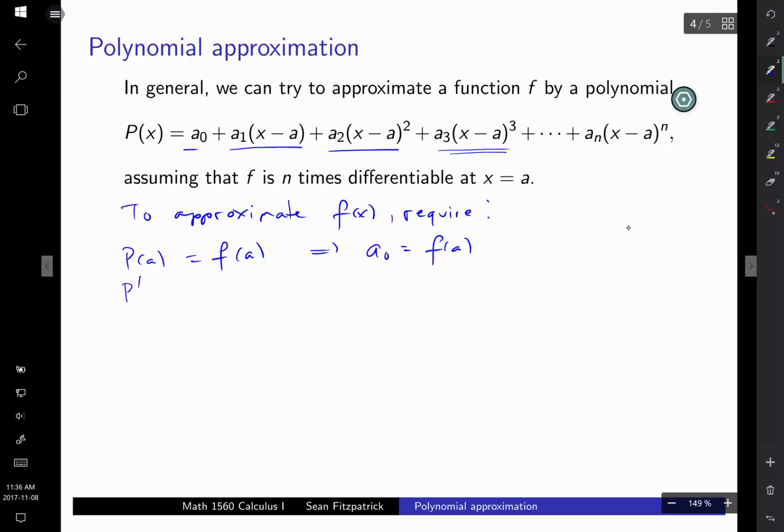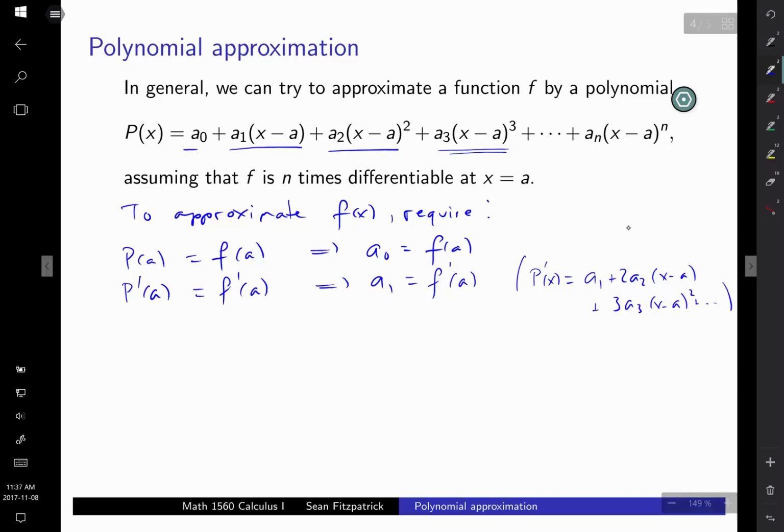I'm going to need p prime of a to equal f prime of a, and we know, because we've seen that already, that a1 is going to have to be f prime of a, because when we calculate p prime of x, we get a1 plus 2a2 times x minus a plus 3a3 times x minus a squared, and so on.